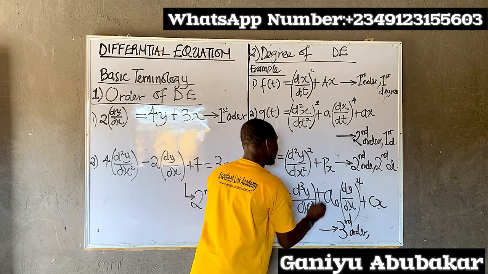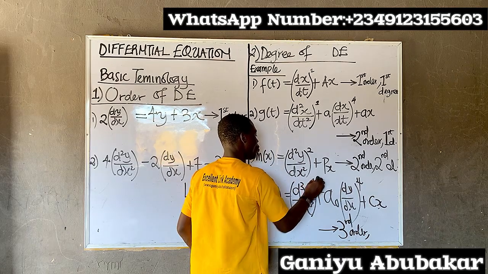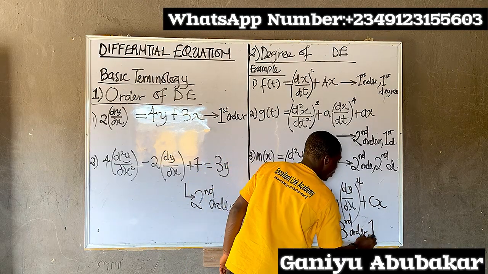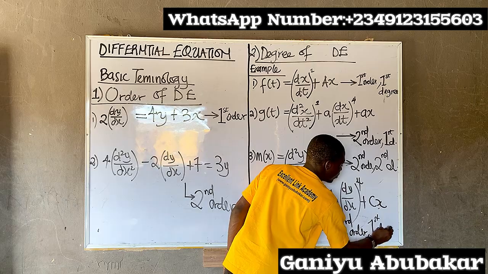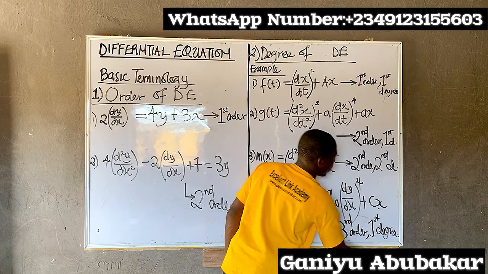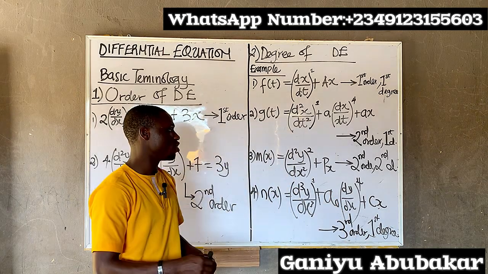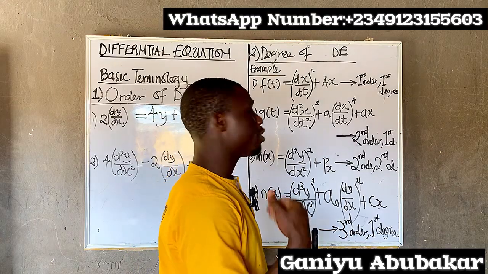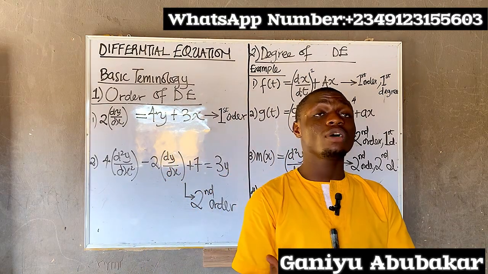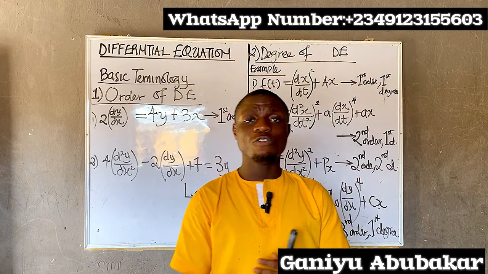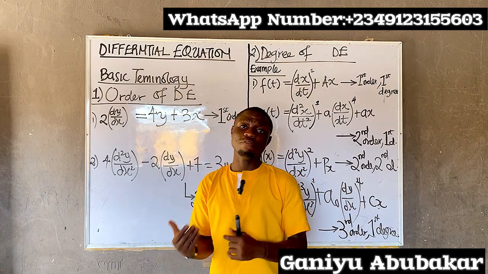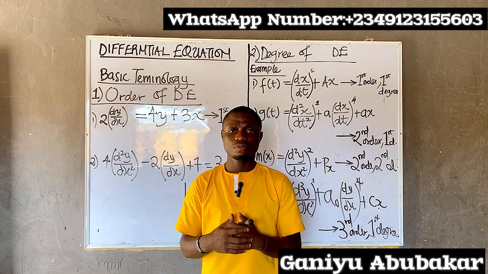The degree is simply the power of the highest differential coefficient. This is 1, so first degree. All right, so this is how you solve the problem. This is how you spot out the order and degree of a differential equation.